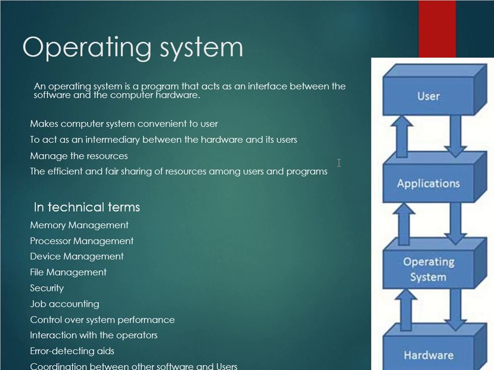And job accounting, another kind of complex thing. Control over system performance means something like this. Now you are using many softwares. Now the computer is stuck or not responding. In that time, what we do is try to close applications and load task manager, something like that.